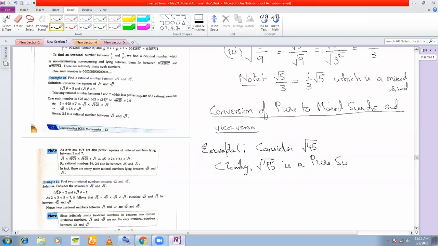We would like to convert this pure surd to a mixed surd. So how do you convert square root 45 to a mixed surd?